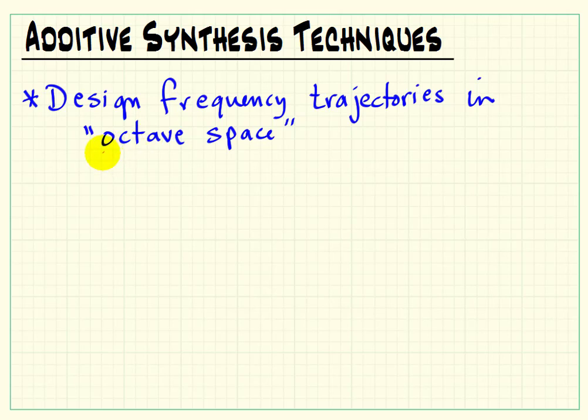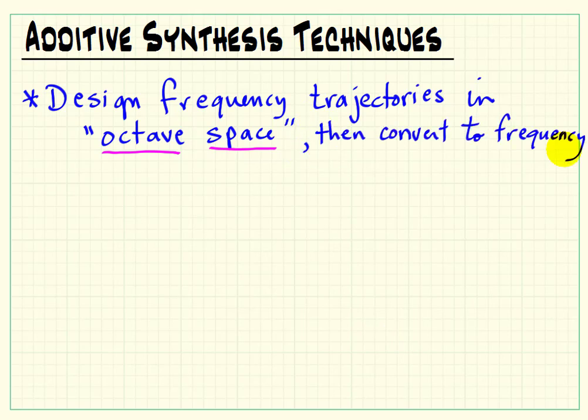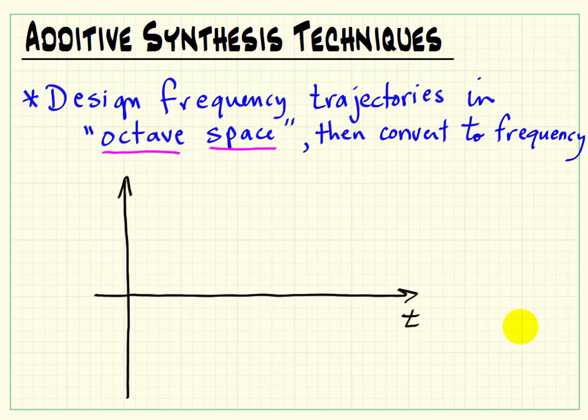Similarly, if we want to design the frequency trajectories in a way that we end up with something that sounds musically interesting, we might work in so-called octave space, and then we can convert that to the actual frequency in hertz. So in terms of working with octaves, you might think about the idea of an interval, and an octave is a 2-to-1 interval.